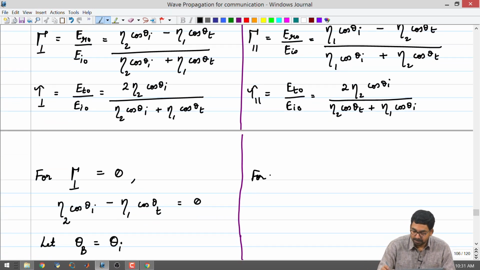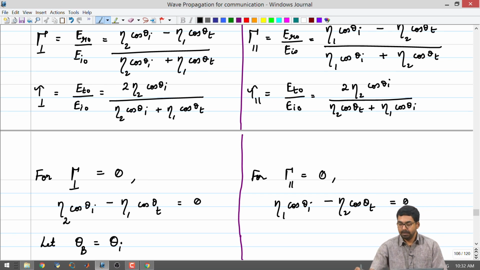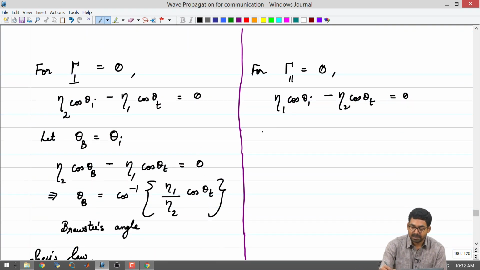So, for gamma parallel to be equal to 0, we can take the numerator of the expression for the reflection coefficient and equate it to 0, right. So, we can write eta 1 cos theta i minus eta 2 cos theta t is equal to 0, and then you make the same assumptions. Let us say that in an experiment you do not have control over everything, but only the incident angle, and let that incident angle, which is a special incident angle where the reflection coefficient becomes 0, be known as theta b.